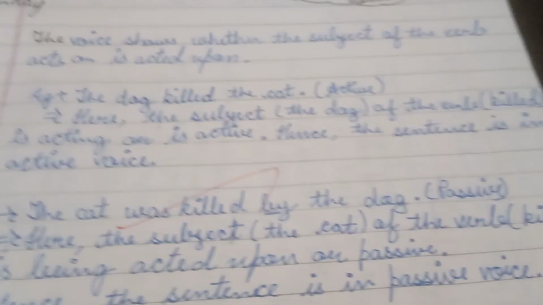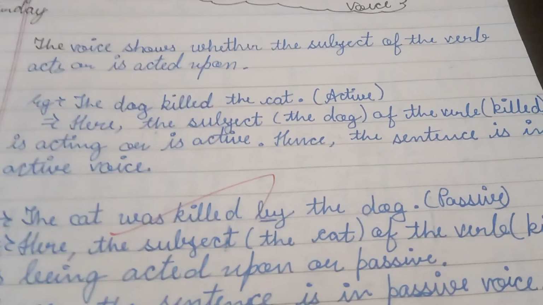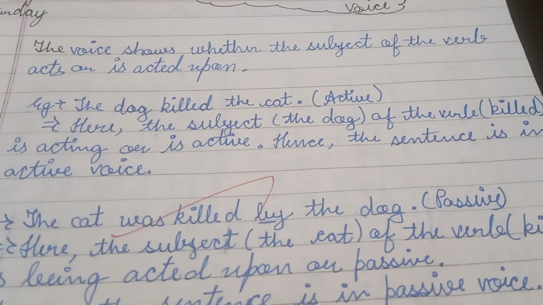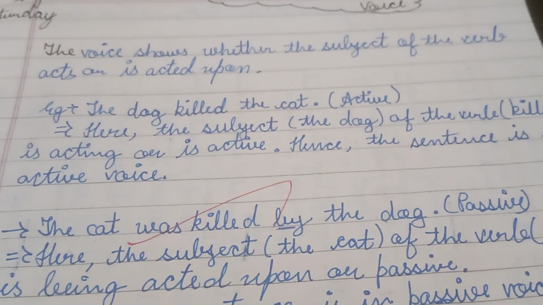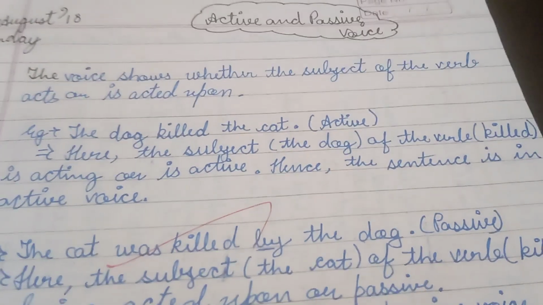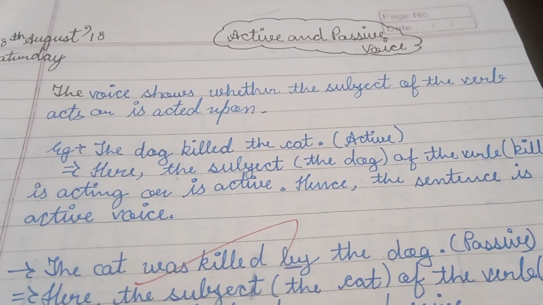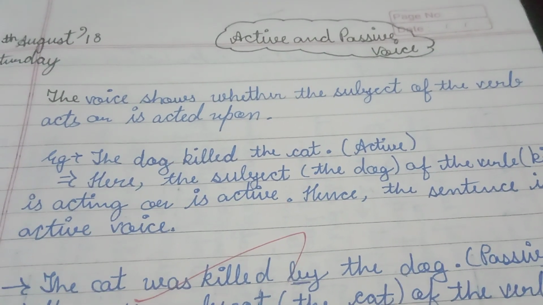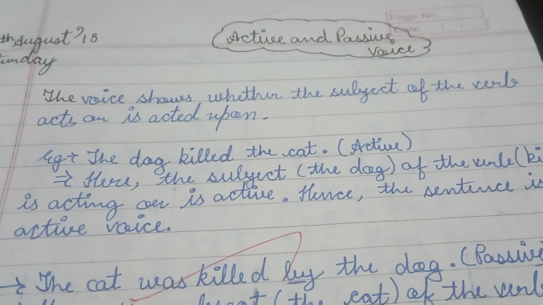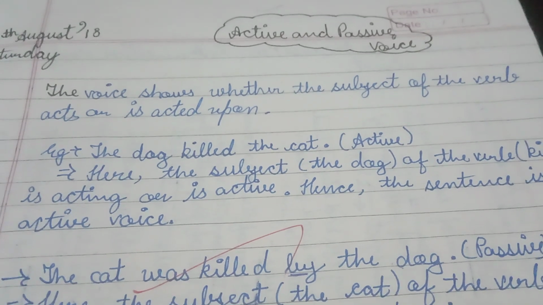Now, verb is killed here and subject is dog. So, the subject of the verb killed is acting. So, it's doing something or is active. Hence, the sentence is also in active voice. If the subject of the verb is active, then the statement is also in active voice.